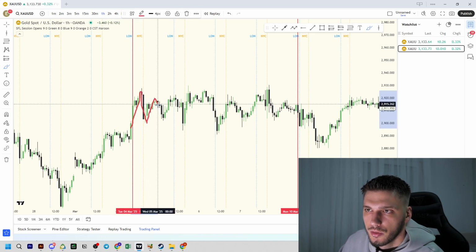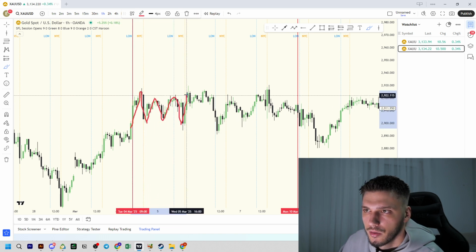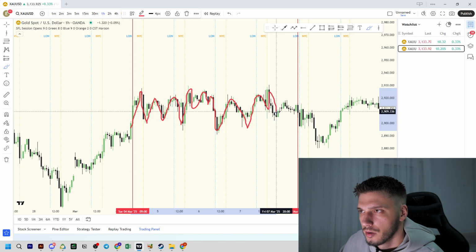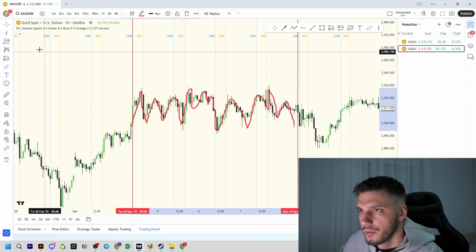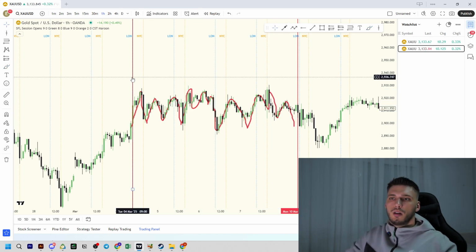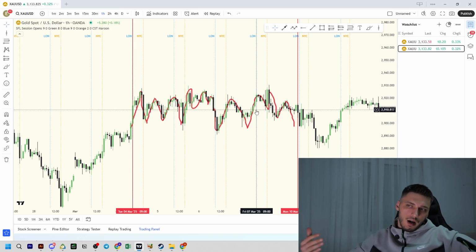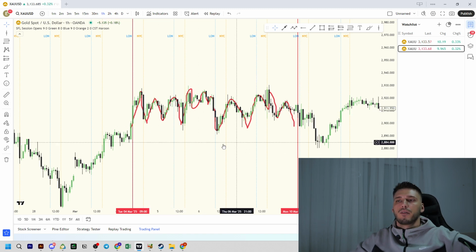Move up, down, up, down, up, down, up, down, up, down, and down. This should be fairly easy to draw after. I mean, the highs and lows should be fairly easy to spot after you drew this one.